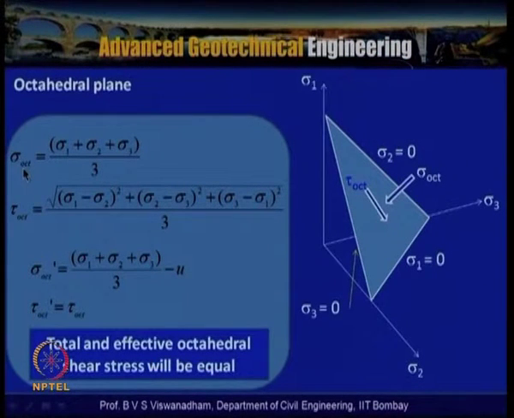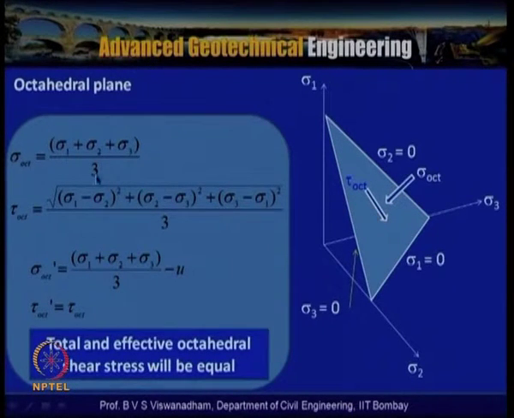Further, sigma octahedral is nothing but sigma 1 plus sigma 2 plus sigma 3 by 3, and tau octahedral is the shear along the octahedral plane. That means on this octahedral plane, the normal to the plane is sigma octahedral, and along this is the tau octahedral.